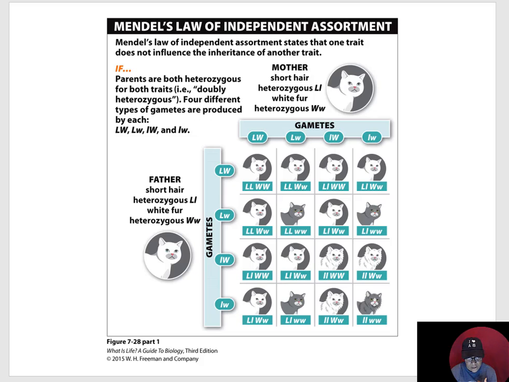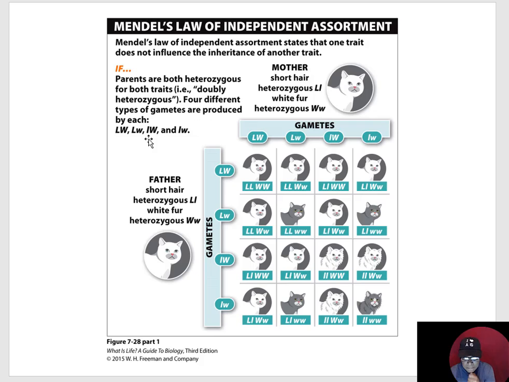All right, so I want to quickly go over Mendel's law of independent assortment. Mendel's law of independent assortment states that one trait does not influence the inheritance of another trait. So if parents are both heterozygous for both traits, then 4 different types of gametes are produced by each.